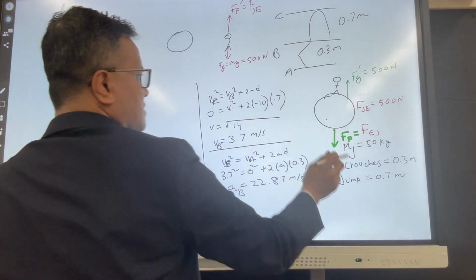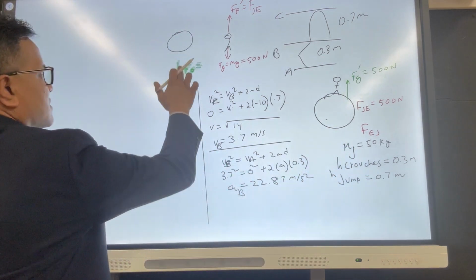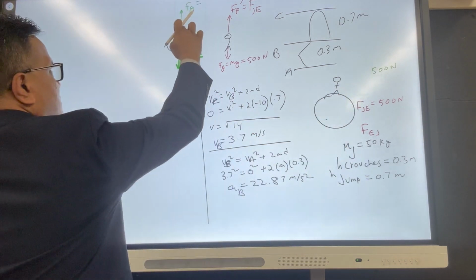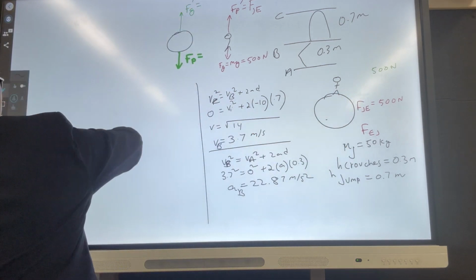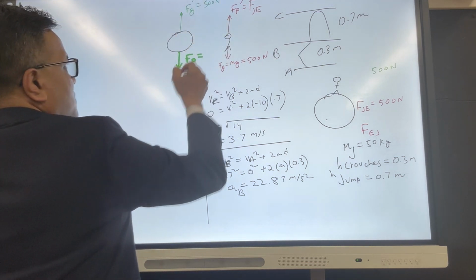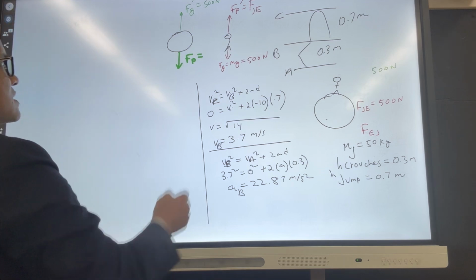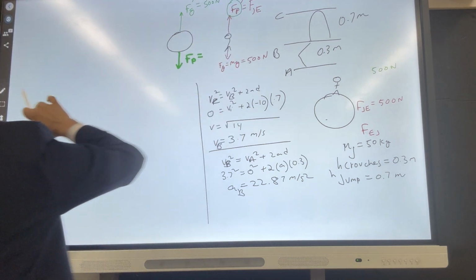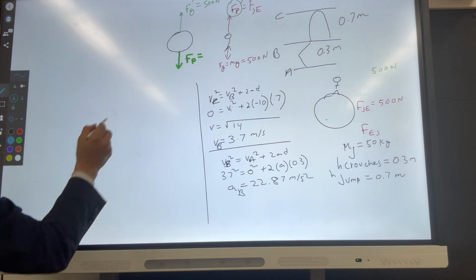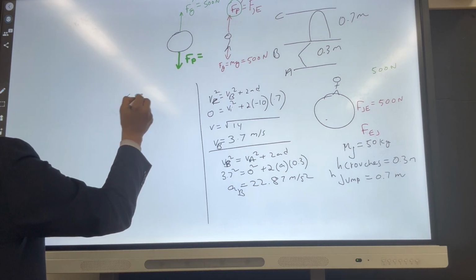So this is the Earth. We can bring this one over here, and this one over here. We already know that one is 500, and this one we're going to find out. Newton's second law says F equals ma.